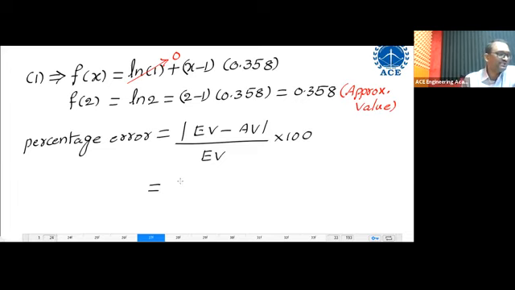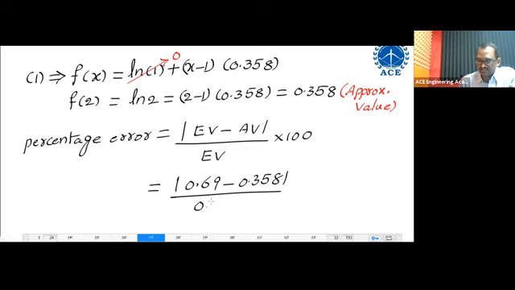True value means exact value. The exact value of ln 2 is 0.69, the approximate value of ln 2 is 0.358, so it is 0.69 minus 0.358 divided by 0.69 into 100. Let me know the answer.